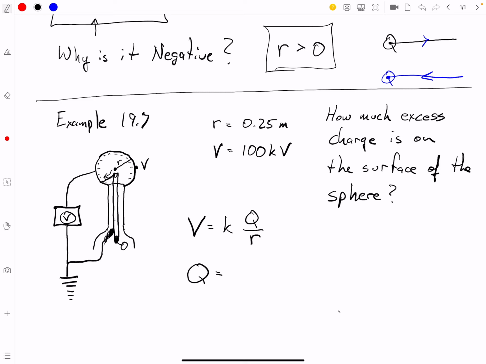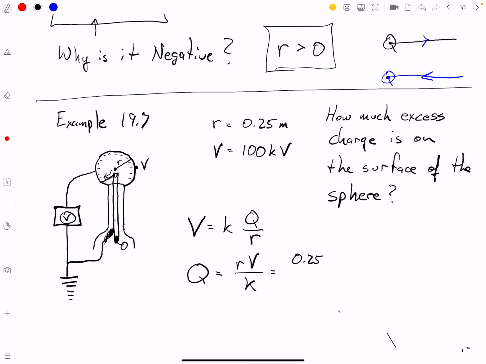We want the R in the numerator, K in the denominator, and V in the numerator. So Q equals RV over K. And we can plug all those things together. 0.25. I'm leaving off all the units. We're going to end up with coulombs, so I'm not putting in units.